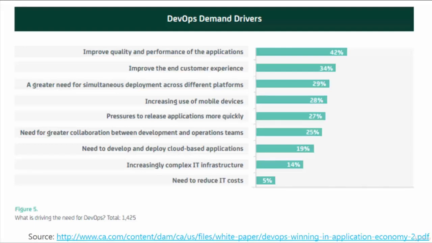There's a greater need for simultaneous deployment across different platforms. Increase of use of mobile devices is pretty common. Pressures to release applications more quickly, and so on. So the idea is that we need to focus on some of the important ones, which is it will improve the quality and performance of the applications.